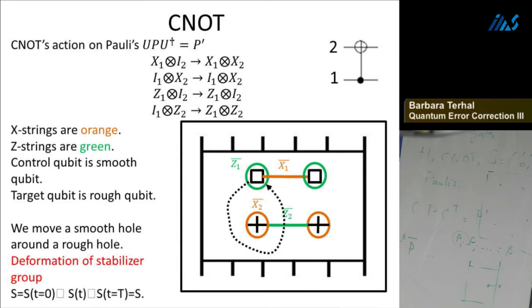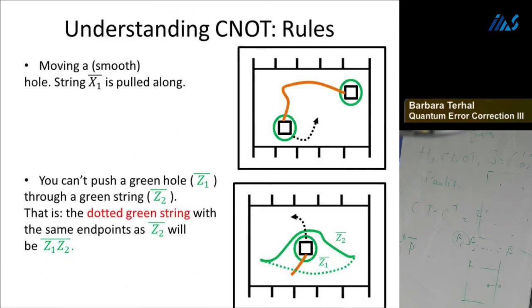So now, let's give you the idea. I think maybe in my review I say something more about it, or there's an exercise. If I move a hole, if I move these two guys, then of course the string is pulled along, right? It's topologically clear.